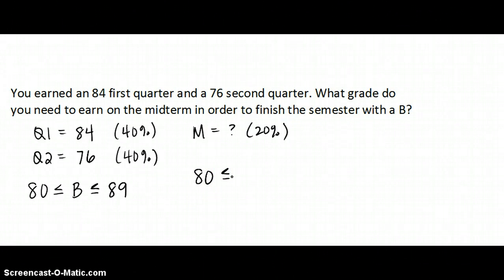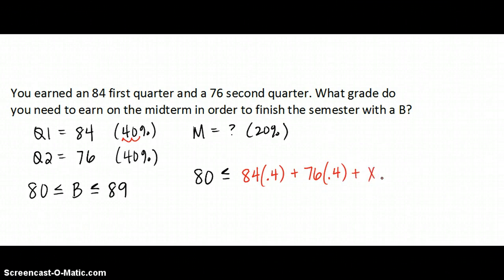40% as a decimal, if we change a percent into a decimal, we move the decimal point over 2 spaces. We're going to find a weighted average. Our first quarter was an 84, and we multiply that by 0.4, plus we got a 76 second quarter, that's also weighted by 0.4, plus we have a midterm.